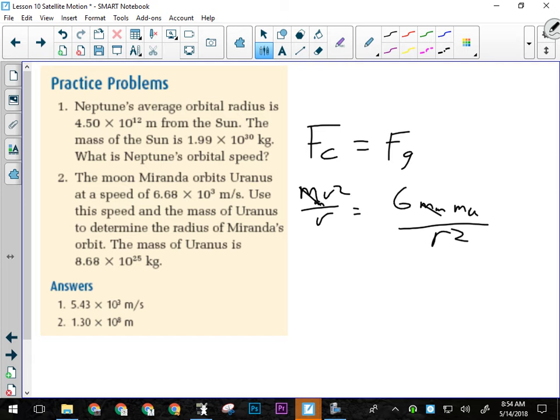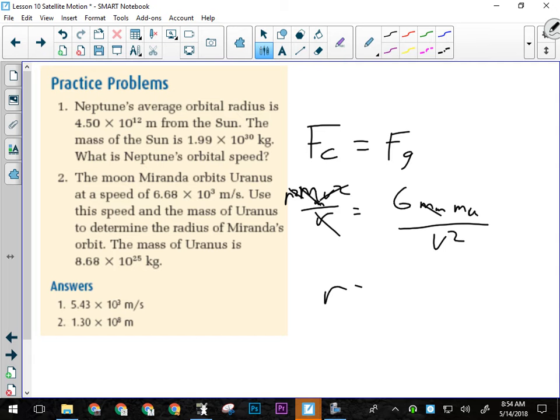When I multiply both sides by r, I get r squared here, and it's going to cancel away. Everybody all right with that? Then I'm going to divide both sides by v squared, and that should give me my formula.